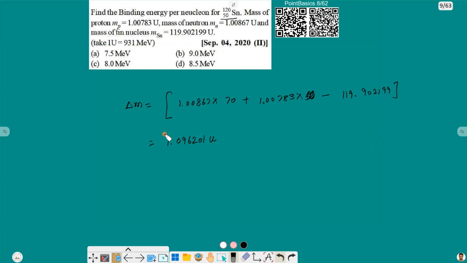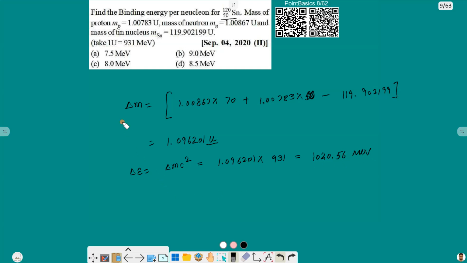Now we can convert this into energy. So delta E will be equal to delta m c square, and that is in U, so 1.096201 into 931. From this we get 1020.56 MeV.